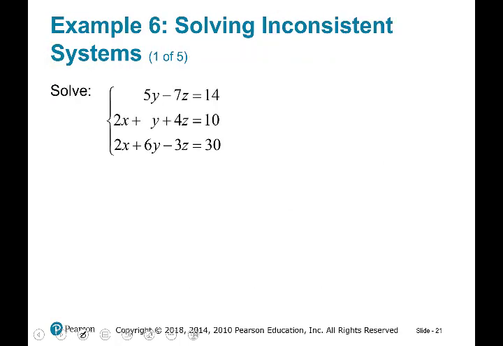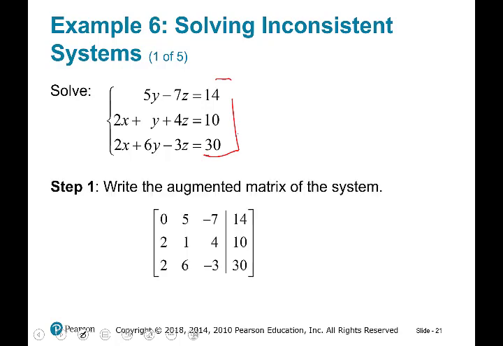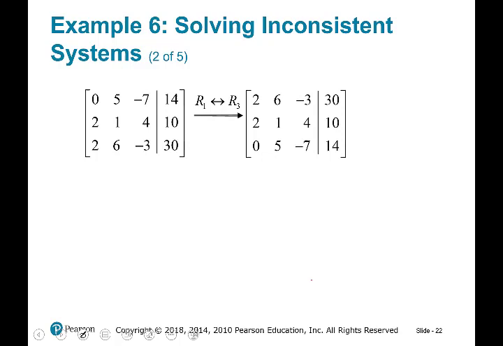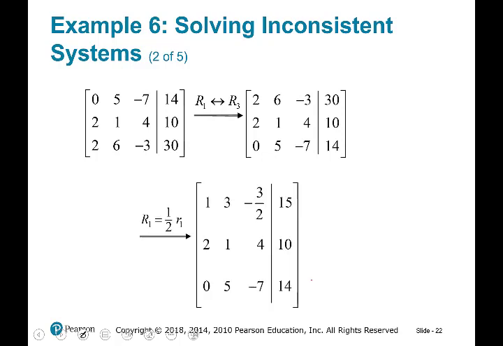This is the case of an inconsistent system. I'm not going to go through the whole solution of it. I'm just going to explain what it is. So here, if I write this in a matrix form, and I start working with my solution, trying to get this in row echelon form, basically I'm just performing operations to try to have all ones in the diagonal, like this.